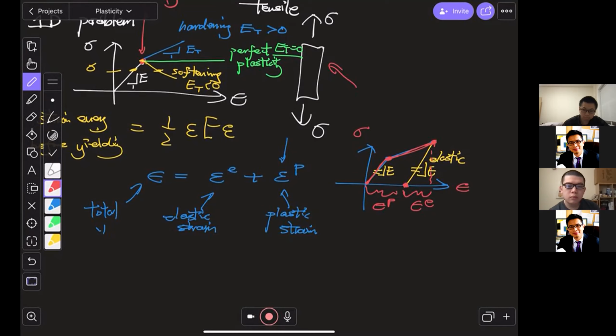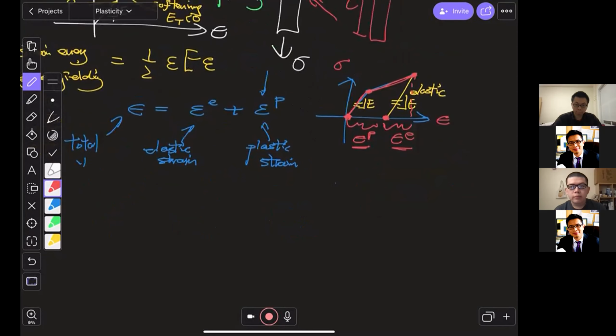But I find that after the load is removed, the material permanently becomes longer, right? How much longer? That length would be equal to epsilon x divided by L. Here I'm assuming small deformation, so L and L0 are equal to each other. This portion is the permanent part. This one is the elastic part.